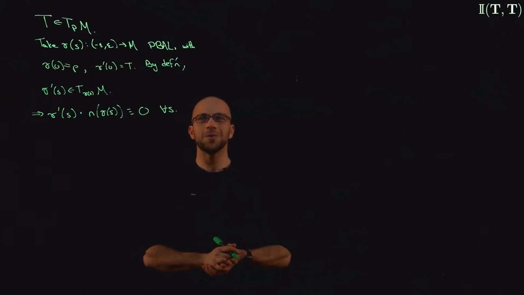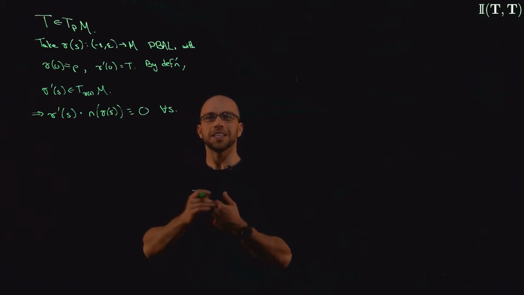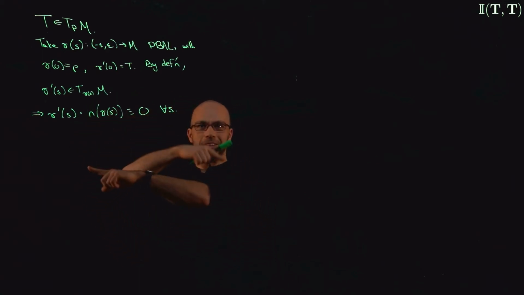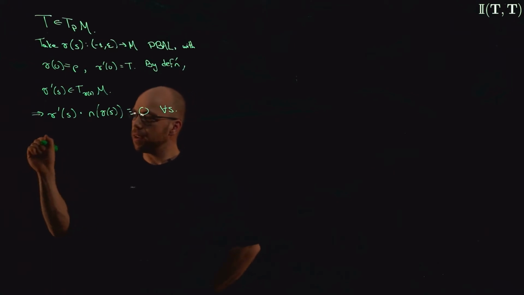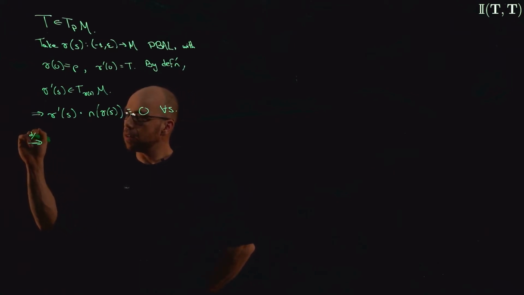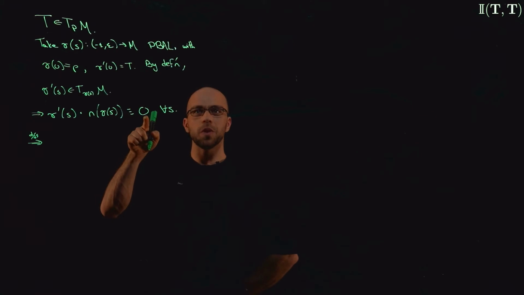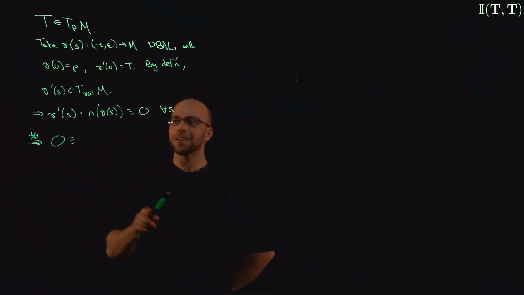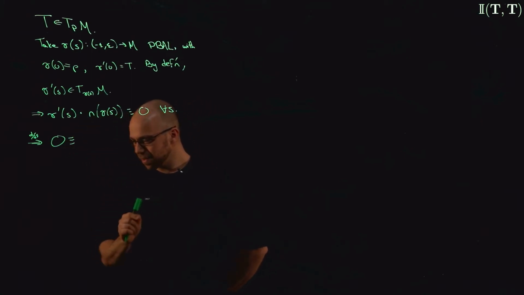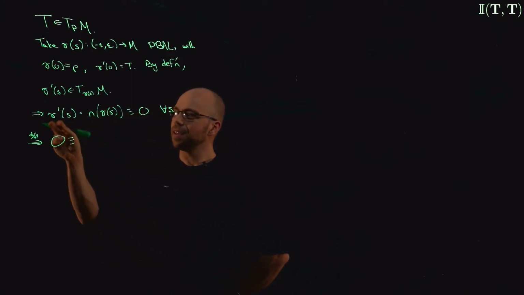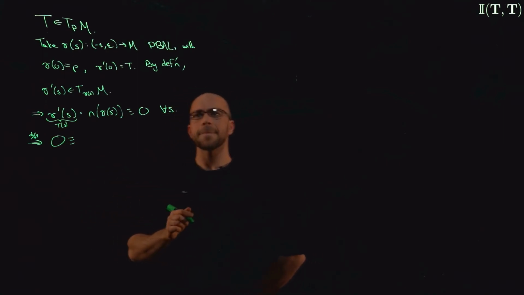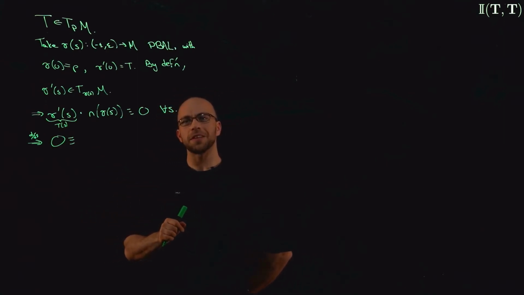So now we're going to use the product rule and differentiate both sides with respect to s. I'm also going to swap the left and the right-hand sides. So when I differentiate, d over ds here, the derivative of 0 remains 0. That part is easy. Now let's differentiate this expression here. First of all, remember that gamma prime here is really capital T of s by definition. And what is the derivative of the unit tangent?